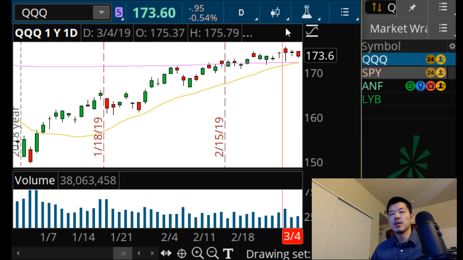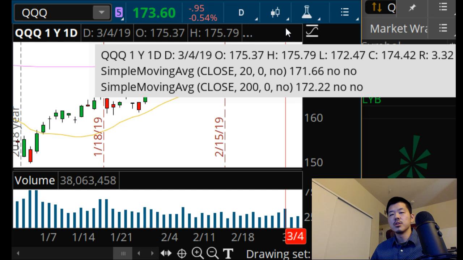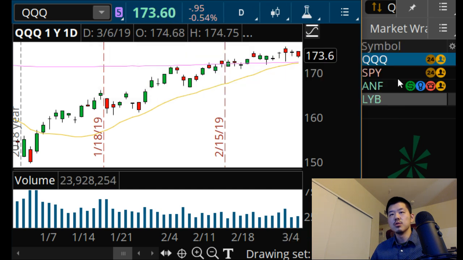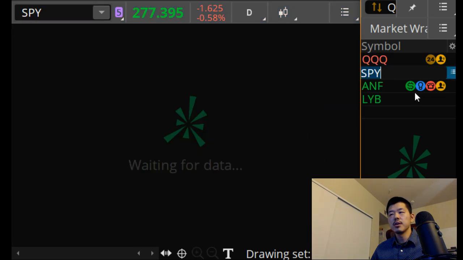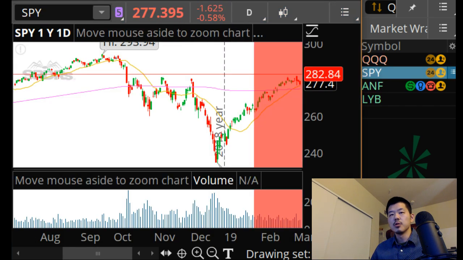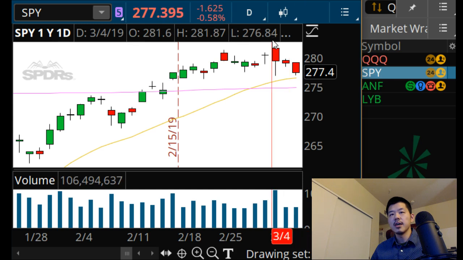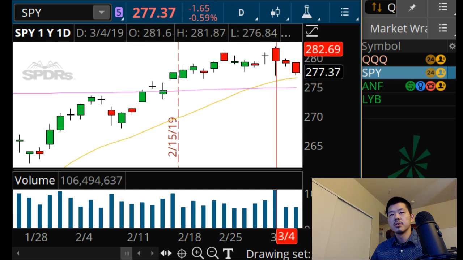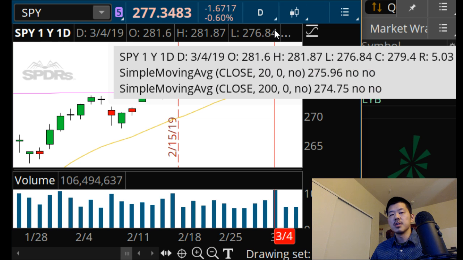So we'll be looking at the low here, 172.47 on the Qs. Break of that, we will lose the bullish bias. And then on the SPY here, looking at not that different from today's low, 276.84.